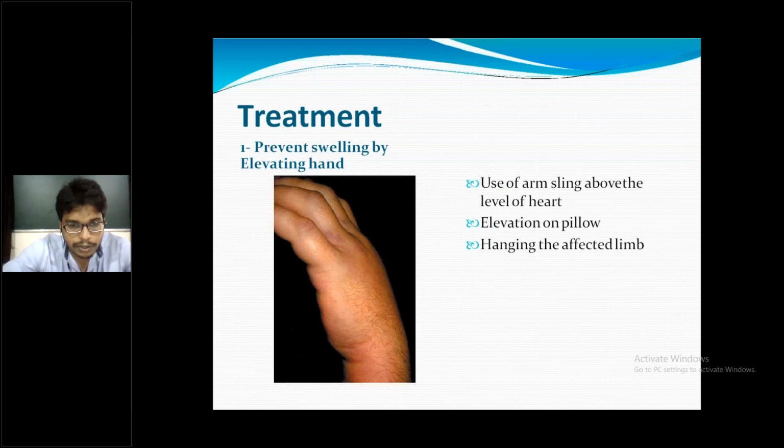So you have to elevate the limb always, like fractured patients. Use an arm sleeve above the level of the heart; elevation, not hanging the affected limb below.